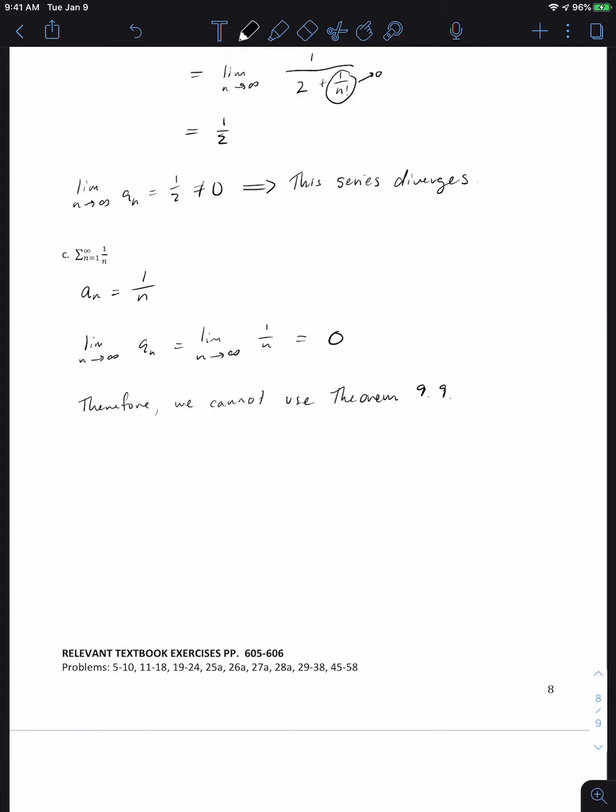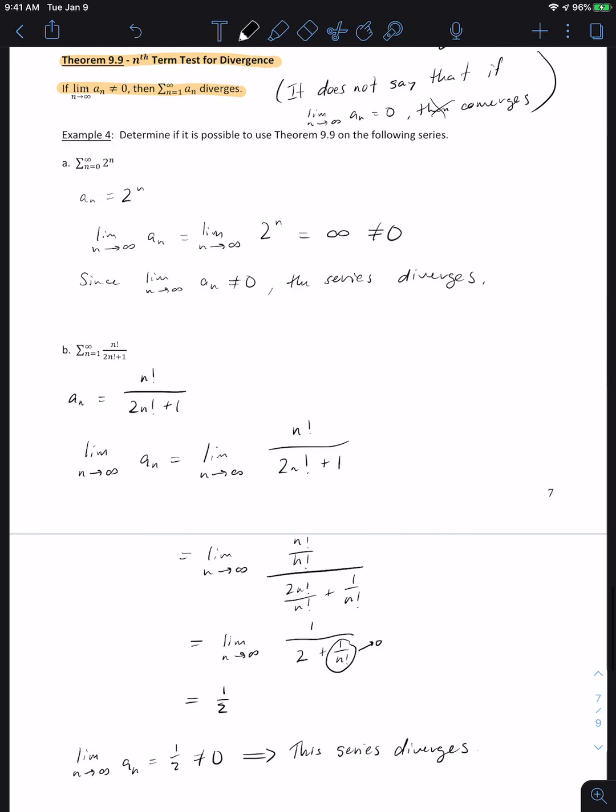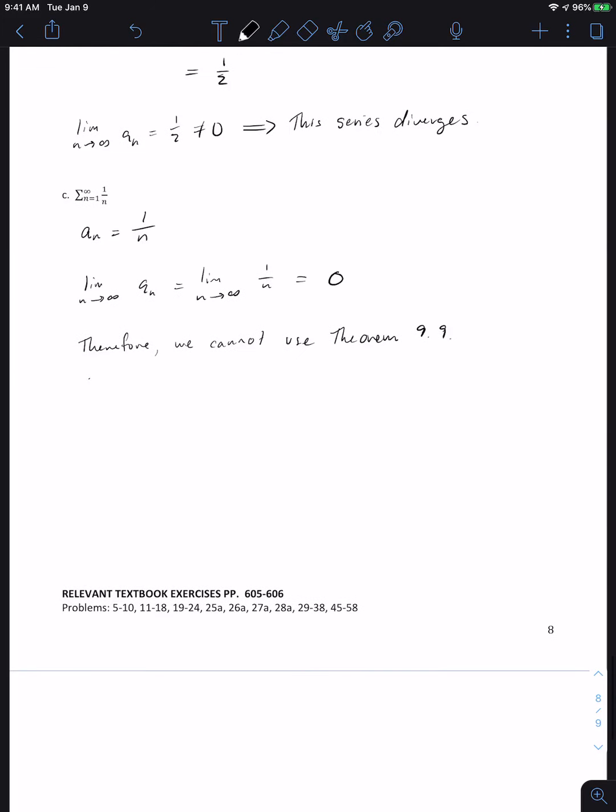theorem 9.9. In fact, one would think, hey, it goes to 0, so it converges, since if it doesn't go to 0, it diverges. But that's actually not true. In this case, as we'll learn later, the sum from n equals 1 to infinity of 1 over n diverges.